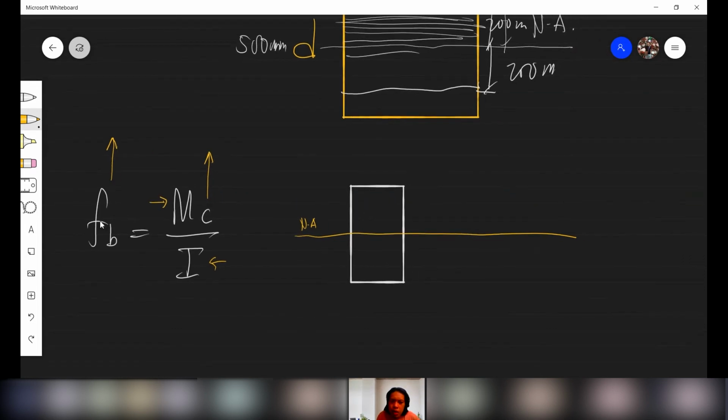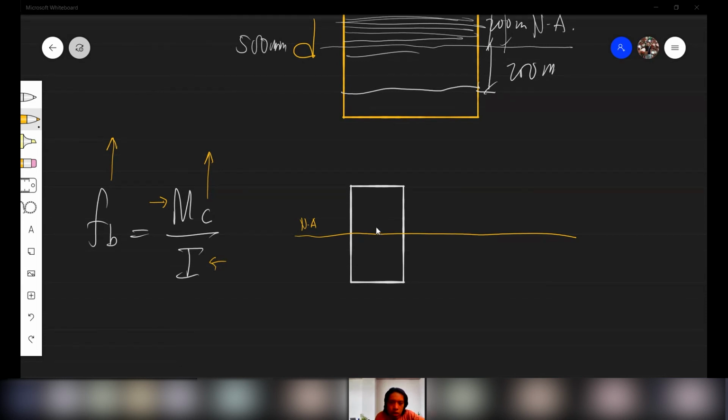Take note, c is the distance from the neutral axis to the fiber being considered, whichever fiber that is. Now, question: which fiber is the farthest from the neutral axis?